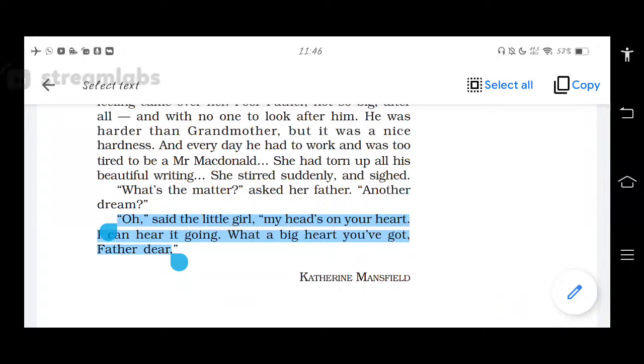Right, when she kept her head very close to her heart, she heard one kind of vibrations. Those vibrations were nothing but her father's love, and she understood that. Right, did you understand? So this story is about a little girl. In this story, we have learned in what way the girl assumed her father to be bad.